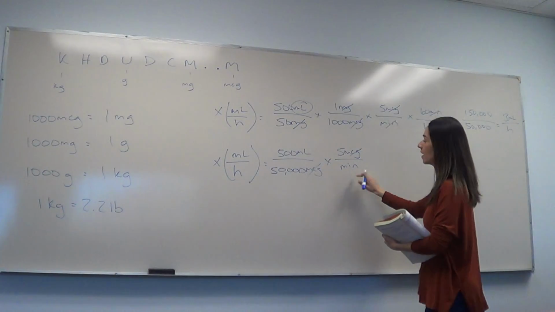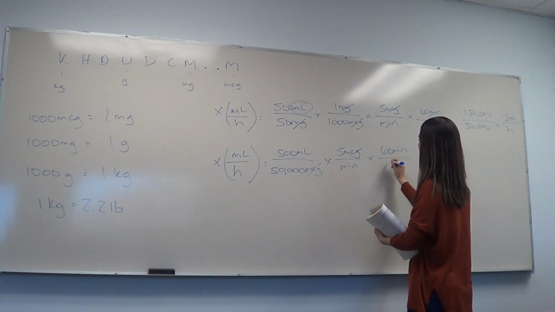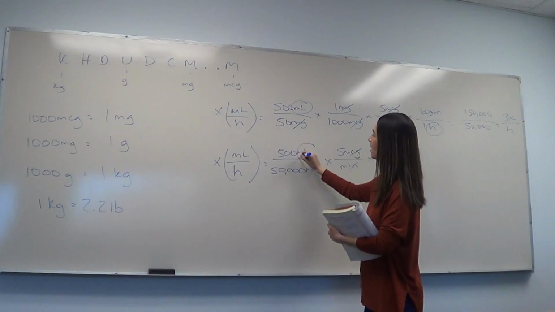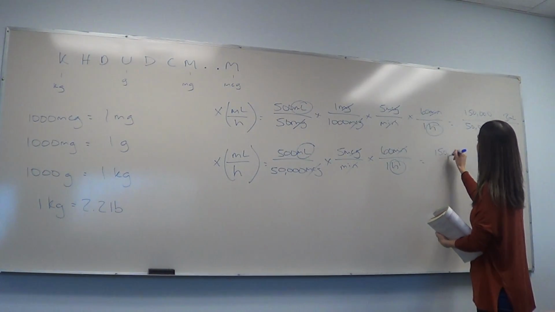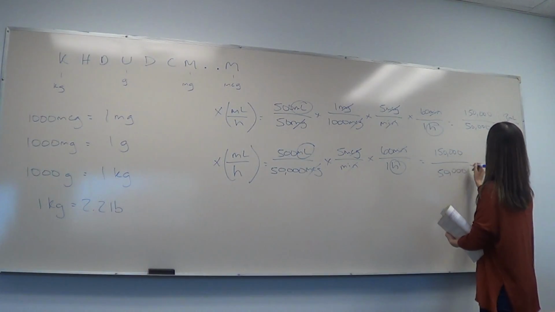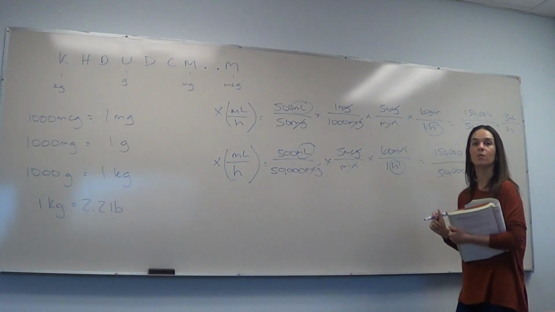Micrograms cross out. We have to get rid of our minutes. We know we have 60 minutes per 1 hour. Minutes is on top and bottom, so it crosses out, and we're left with our X. We do the math all the way across. Still the same thing. 3 mLs per hour.